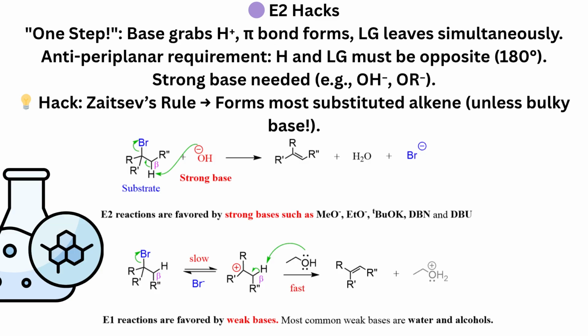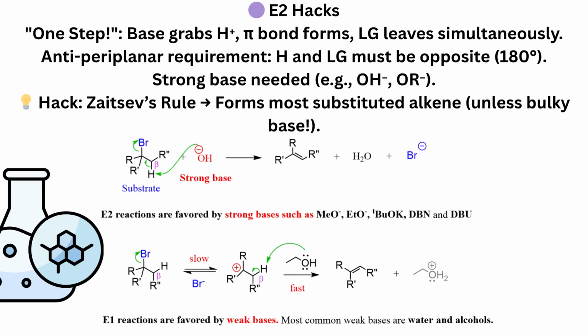Now students, let us discuss the E2 hack. It is a one-step mechanism. Now we will spot the requirements for E2 mechanism. The first requirement is a strong base. The second requirement is a good leaving group. And the third one is the availability of beta hydrogen.